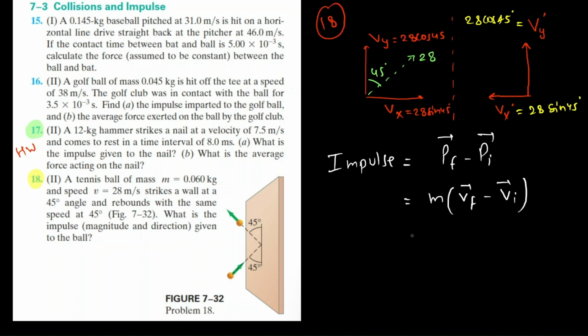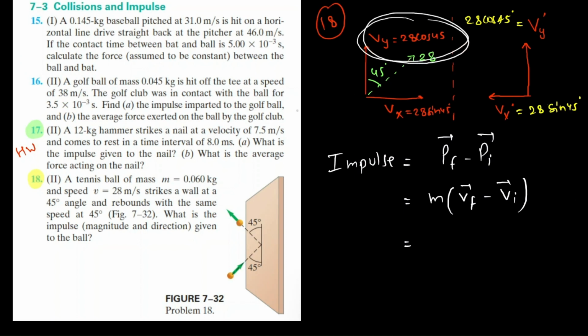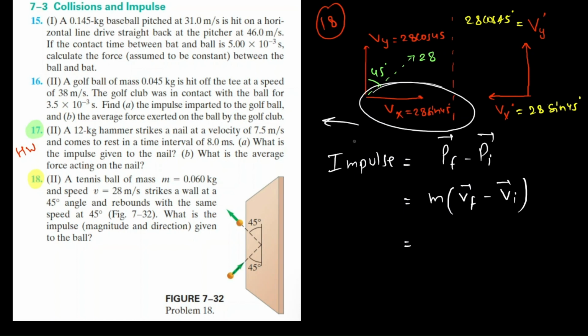Now notice carefully what is being changed: the initial velocity is multiplied with a negative sign. So if we reverse the initial velocity and add it with the final velocity, the component towards the top will go to the bottom, and the component towards the right will go to the left, because a vector multiplied with a negative sign changes direction.